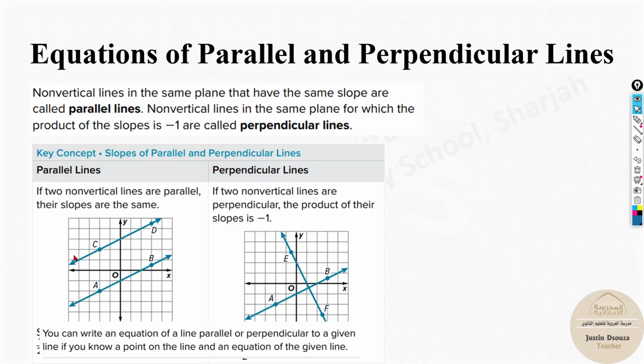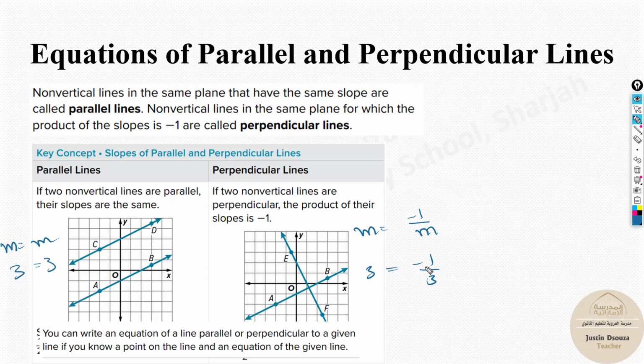Whereas parallel lines have a special property that they will never touch because the slopes are the same. So let me write it out. Here slope m is equal to m itself. If one equation has slope 3, the next one also will be 3. But here, the other one will be minus 1 by m. So if this is 3 here, the other one will be minus 1 by 3.